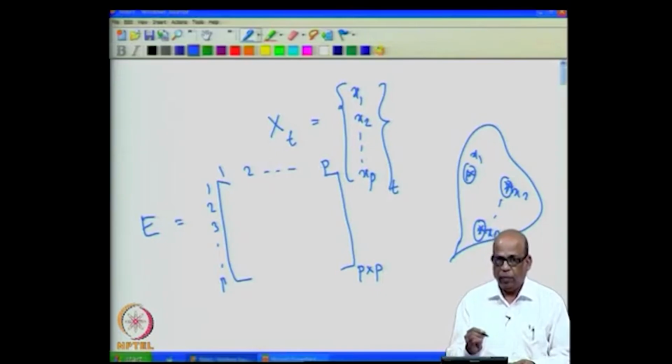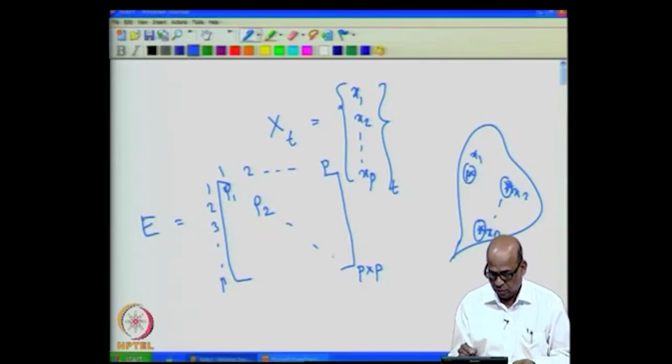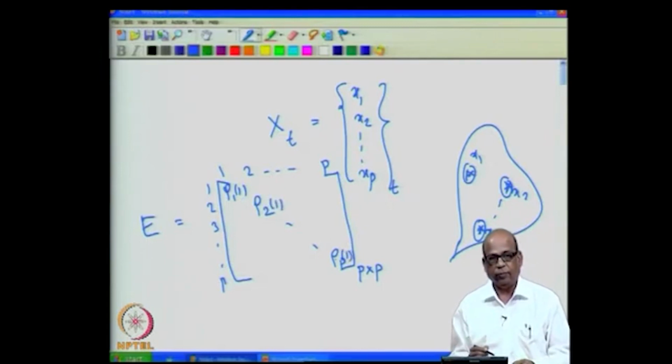and it is a diagonal matrix where only the diagonal elements are non-zeros. So, I will write this as rho 1 and this is rho 2 etcetera rho p, and all of these are at lag 1. This is rho 2 at lag 1, rho p at lag 1 and so on, and all other elements are zeros here.